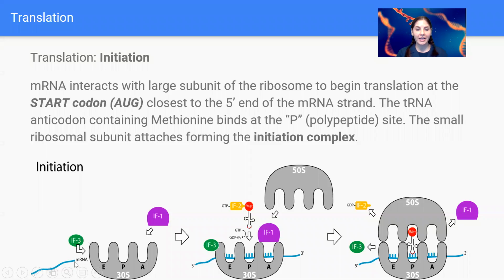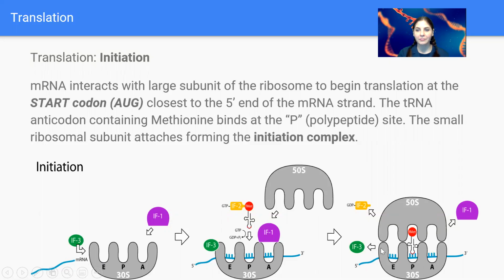Our messenger RNA is going to come in here with our start codon methionine. Then we're going to have the transfer RNA anticodon that has that methionine bind right here at our P site, the polypeptide site.